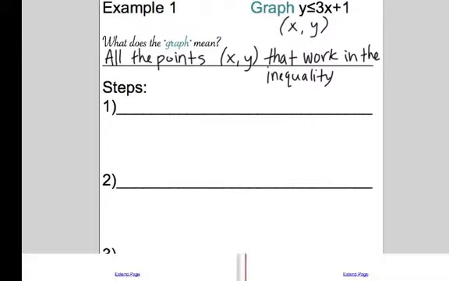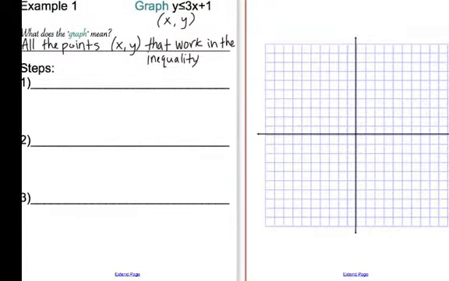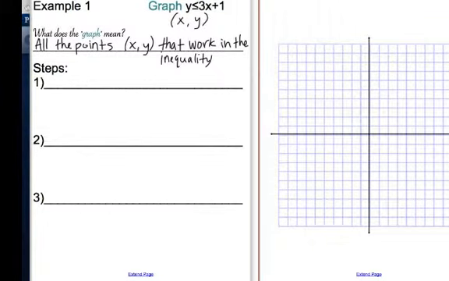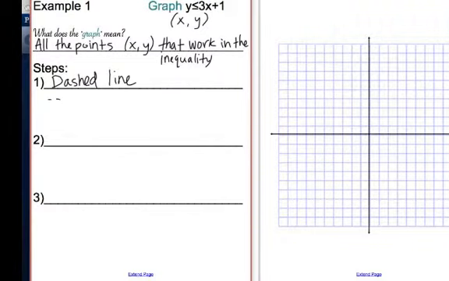So let's talk about the steps to doing this. When we're solving and trying to figure out what solutions are, step number one is we have to decide: is it a dashed line, like this, or a solid line?